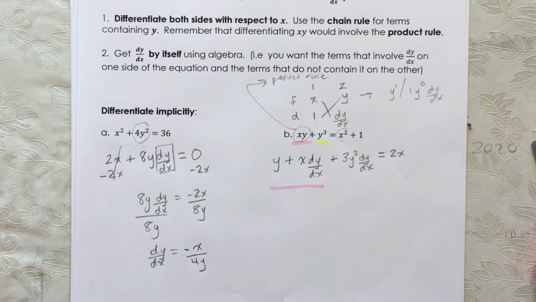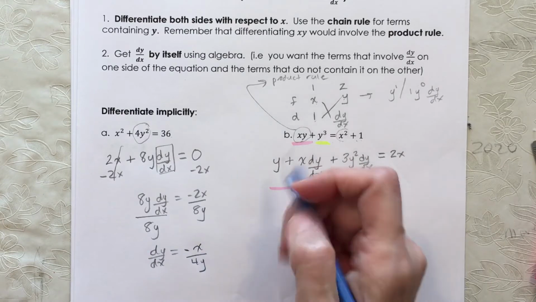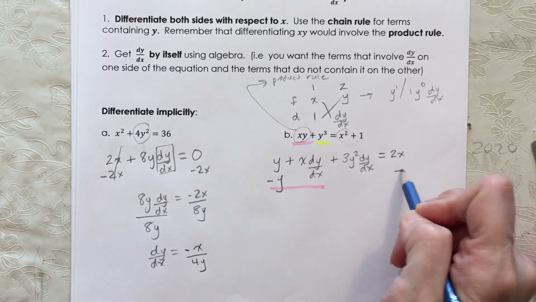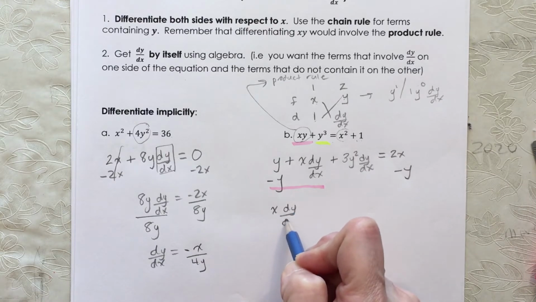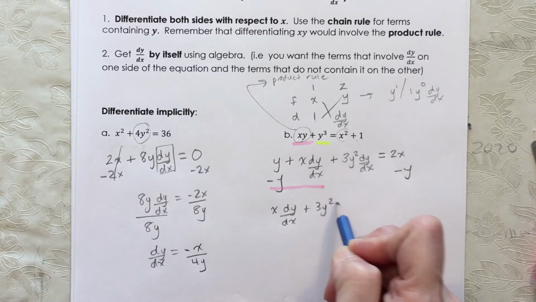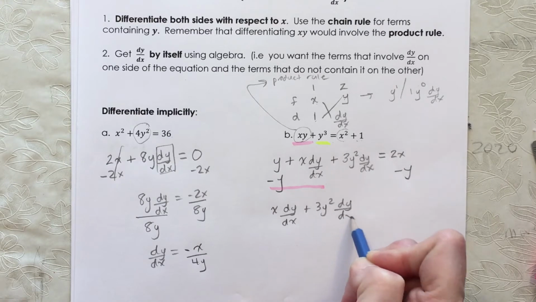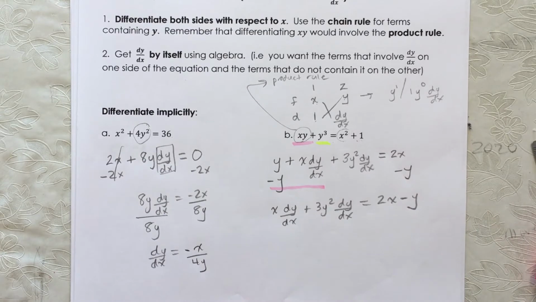Okay, so now we want to get dy by dx by itself using algebra. So I'm going to keep these terms on the left and subtract y on both sides, so that the terms that I have on the left both contain dy by dx, which is what I'm trying to find.